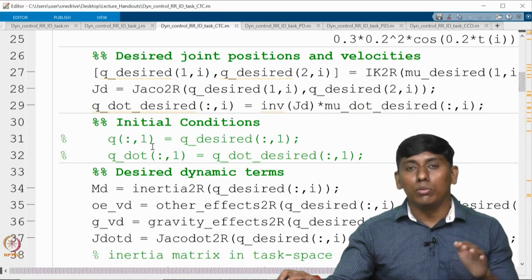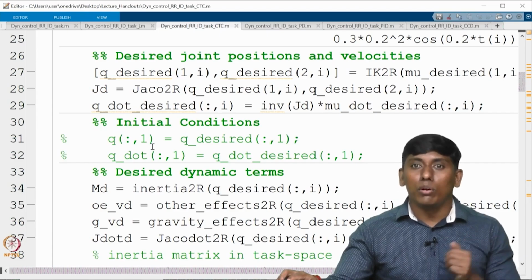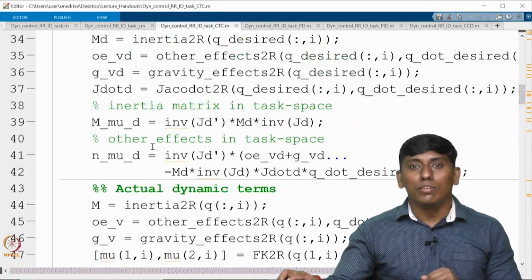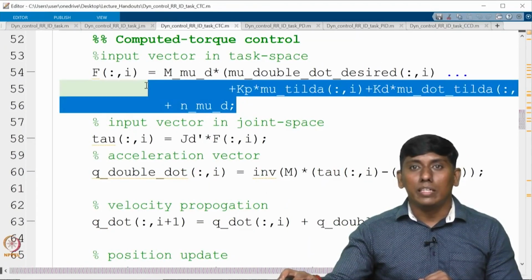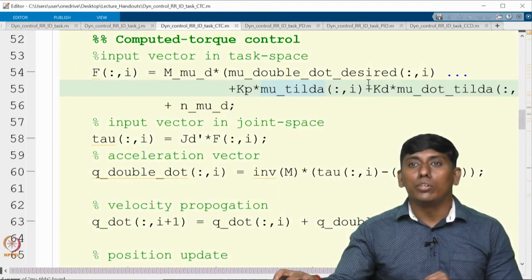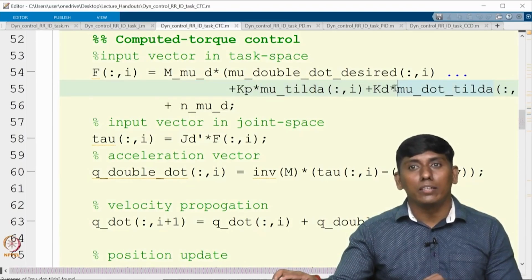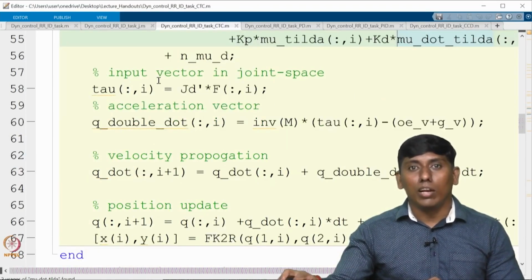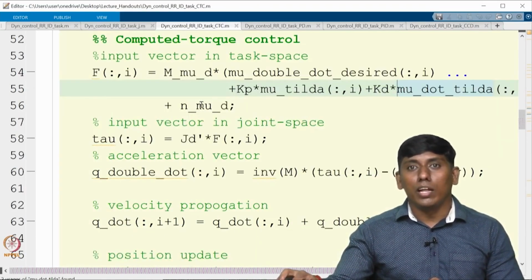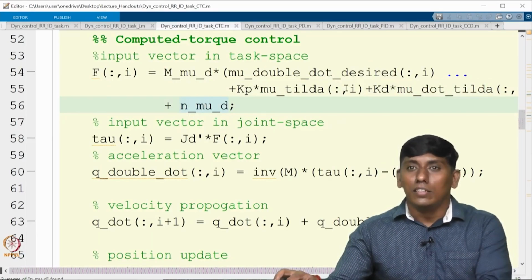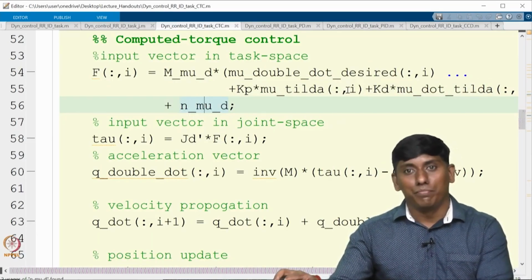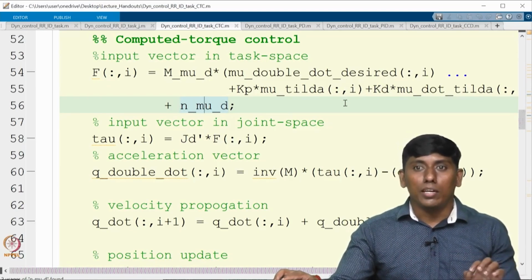Similarly, q dot at t equal to 0 and q dot desired at t equal to 0 are also not equal. So in that sense we have just added this. You can see kp mu tilde plus kd mu dot tilde is added, and we can come back. Now this is feedforward and feedback linearization, and in addition the feedback control PD has come. That is what we call computed torque control.